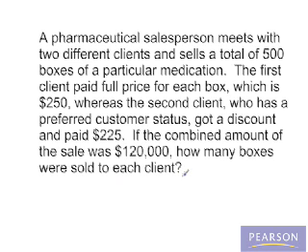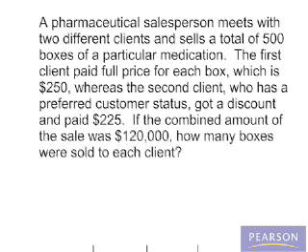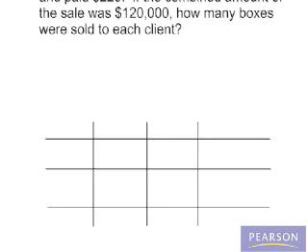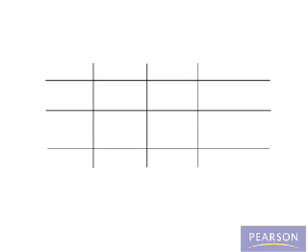We'll begin by creating a chart trying to organize all of the data that is mentioned in this problem. So we'll set up a chart, 2 rows and 4 columns, and let's label our 2 rows Client 1 and Client 2.